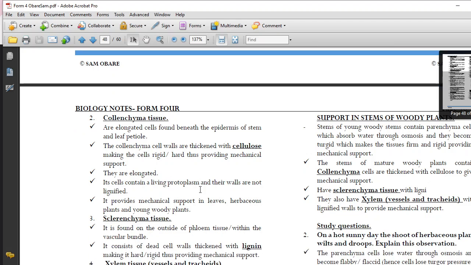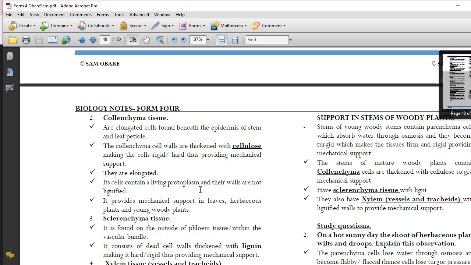So I want you to pick out that the chorenchyma tissue enables support in plants mainly because it is thickened with cellulose. That is the key thing in terms of chorenchyma as a support tissue in plants.